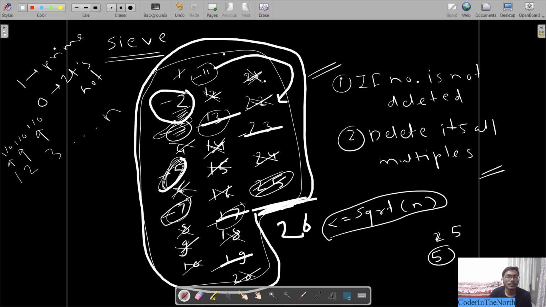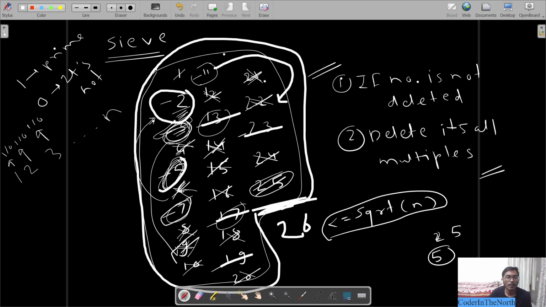The first number which was deleted by 2 was 4. Go to the 3. The first number which was deleted by 3 was 9. Because see, 2 deleted that number 4 and 6 and then 8. So 6 was already deleted by 2, so 3 directly deleted the number 9.